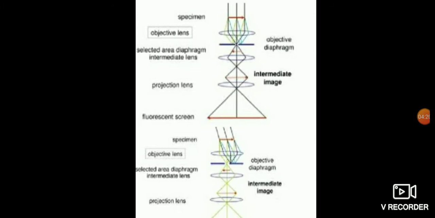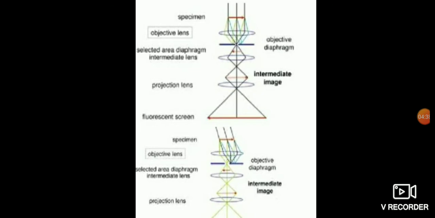Now, the next one is the diffraction mode. This is obtained by intentionally excluding the central beam and collecting all the diffracted beams, as shown in the figure. A thin crystalline specimen is subjected to a parallel beam of high energy electrons.